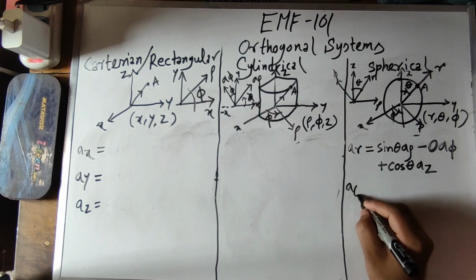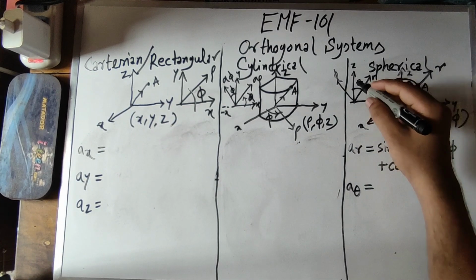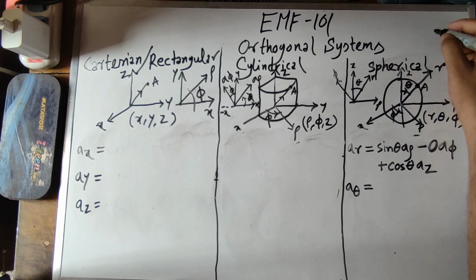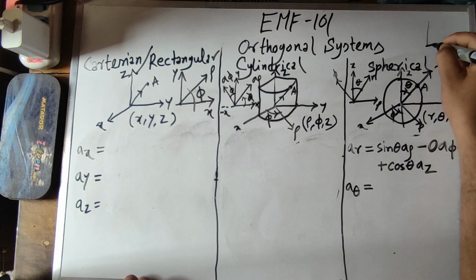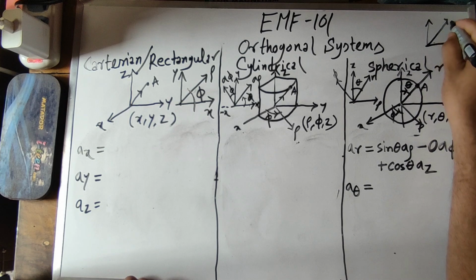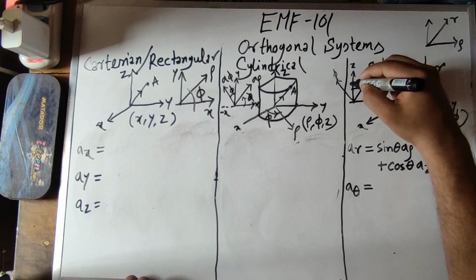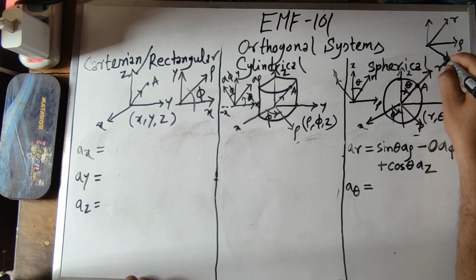For a theta, you can see that this is rho, this is r, and theta is in this direction, so this is a theta.